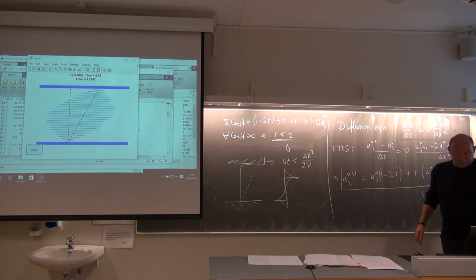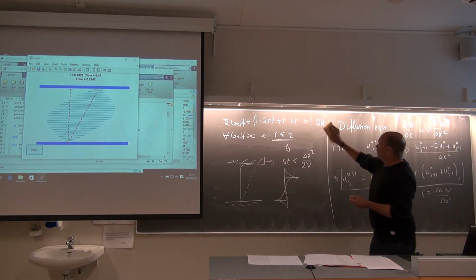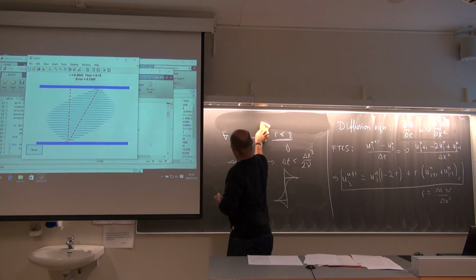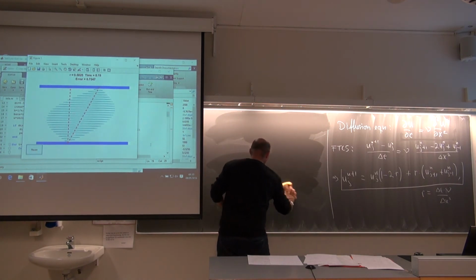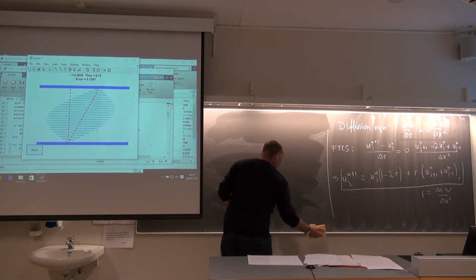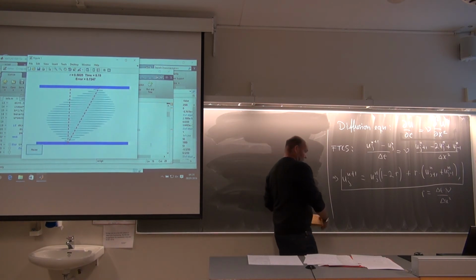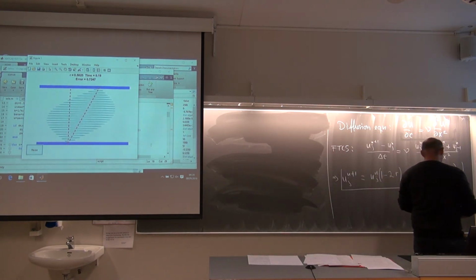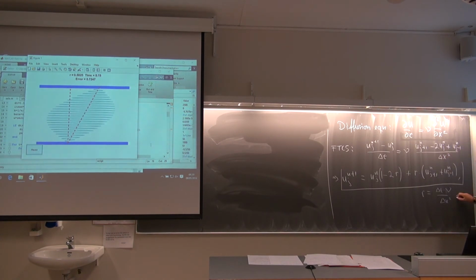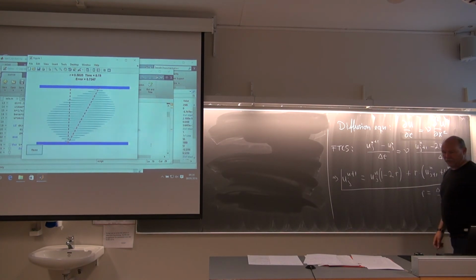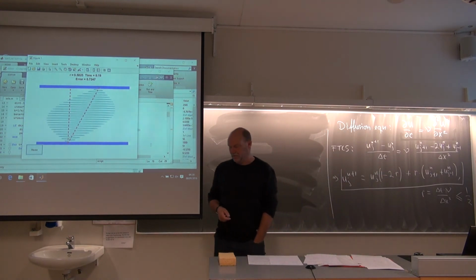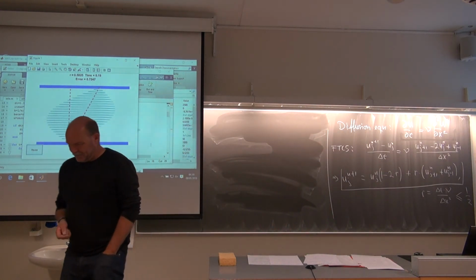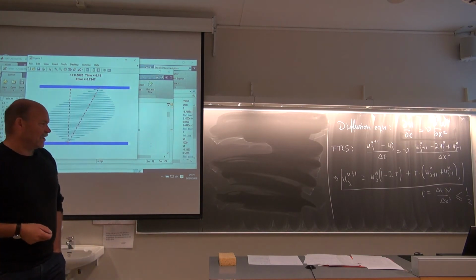Okay, one last thing that we will look at today is this criterion that we found here. r should be smaller than or equal to 1/2. That can be very strict. It's not a nice criterion.